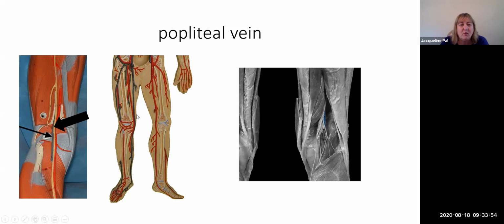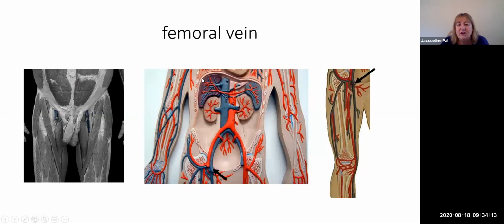in the leg, but we are going to start in the popliteal fossa area where we clearly can see the popliteal vein. And then as it travels proximally, it also will disappear through the adductor hiatus and end up being an anterior thigh structure where we now are going to call it the femoral vein.